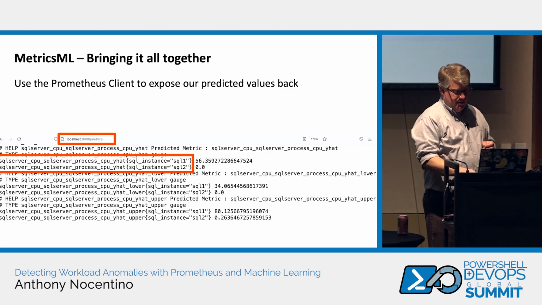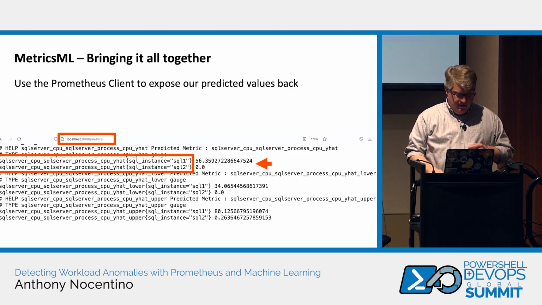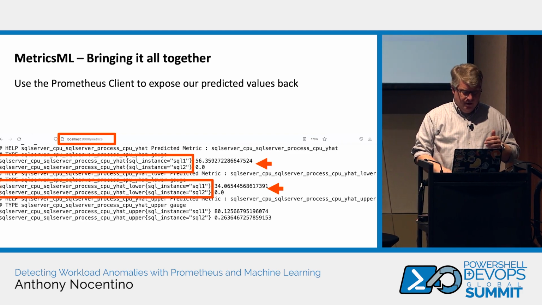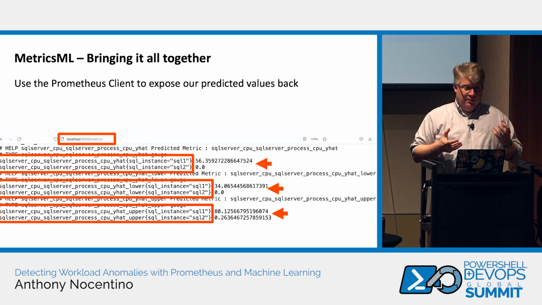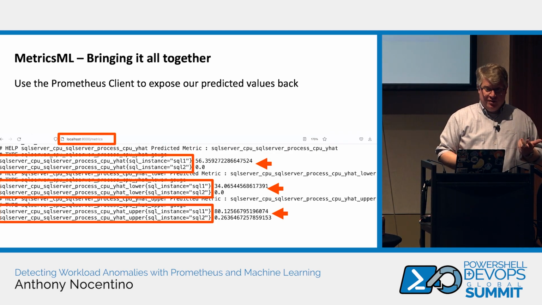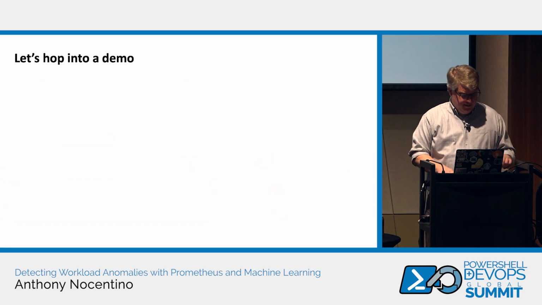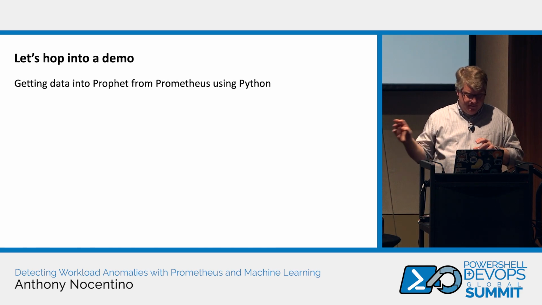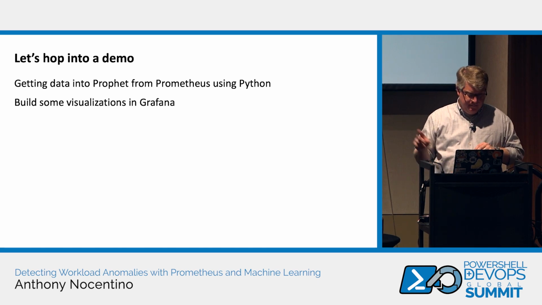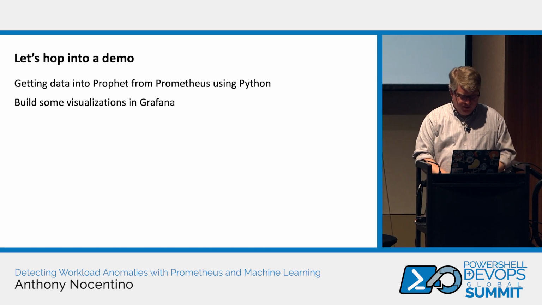There are two of those for the predicted values, and then we also have the lower and the upper. So this just slides right back in, and now we can consume this like any other metric. That was the core of how I wanted this to all work together. So let's go ahead and get our data from Prophet into Prometheus using Python, and we're going to build some visualizations together.